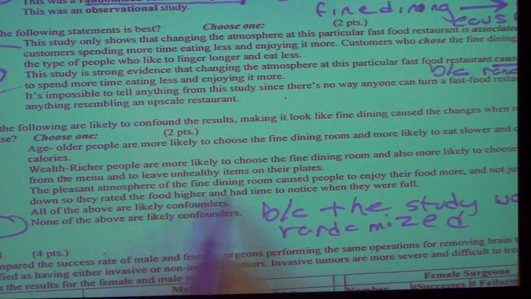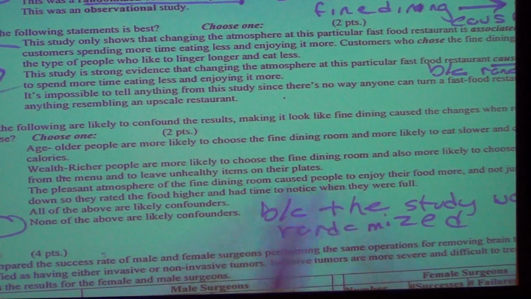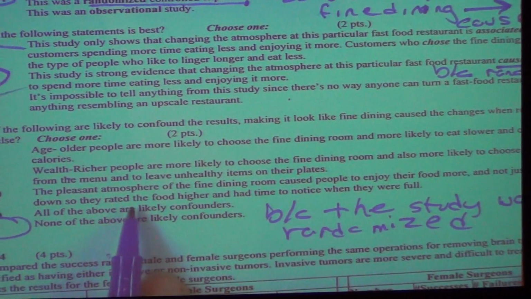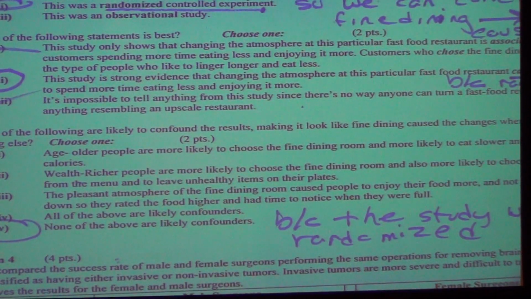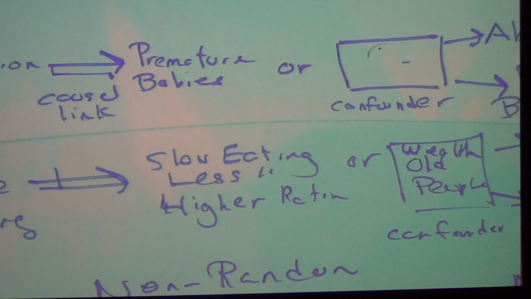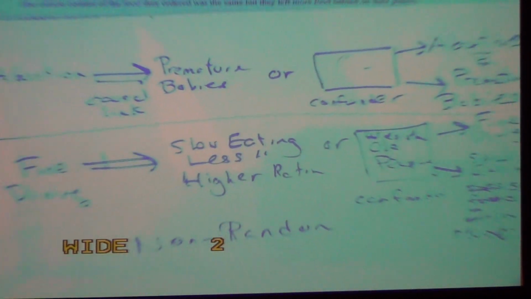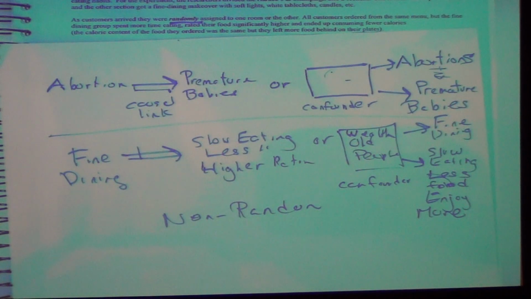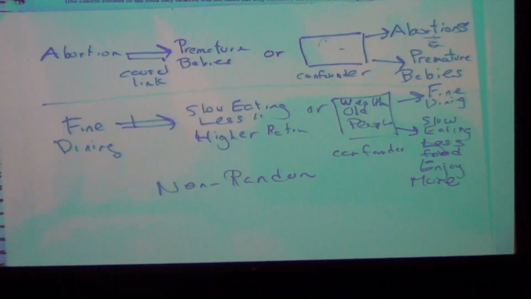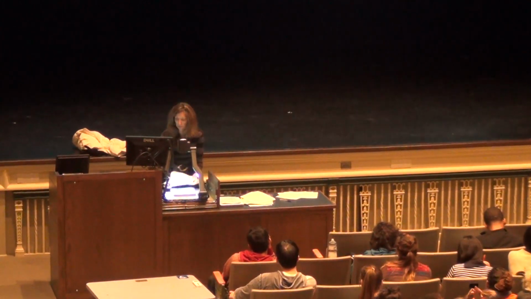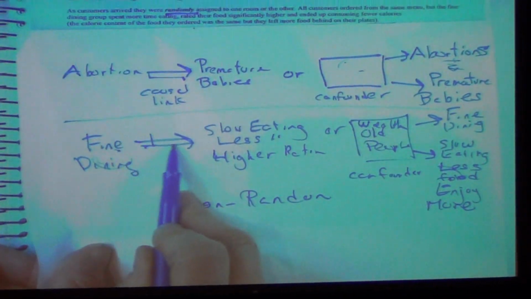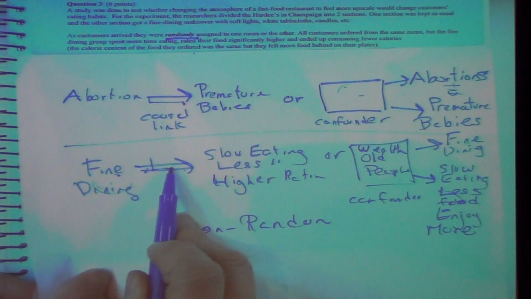The pleasant atmosphere of fine dining caused people to enjoy their food more, and not just gobble it down. So they rated the food higher, and it made them relax so that they could slow down.